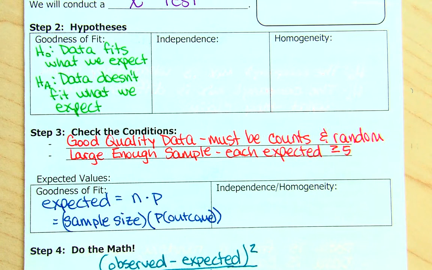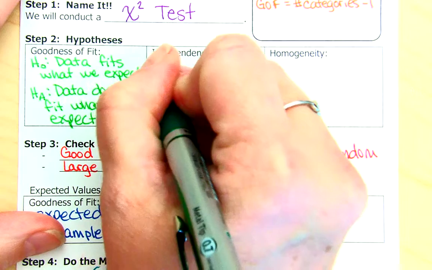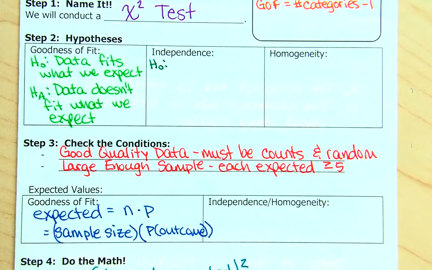So for our hypotheses, for independence, H0 is going to be there is no relationship between the two variables.